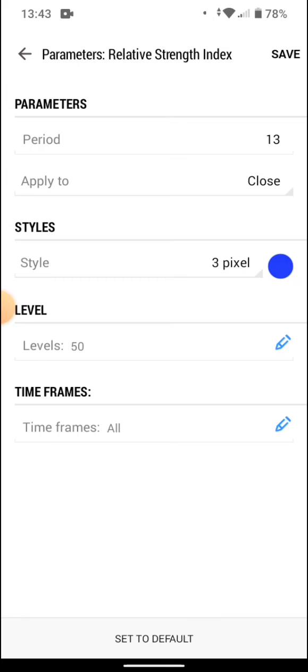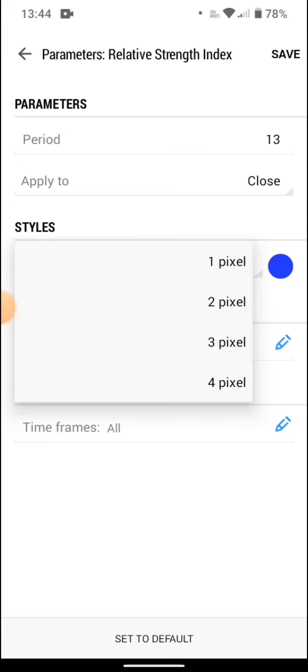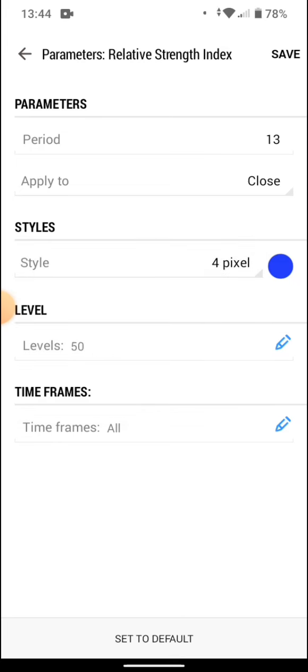The style is going to be 3 pixel, and you can leave the color blue. For the level, it's going to be 50. If you want, you can set this to 4 pixel, so let's leave this at 4 pixel.